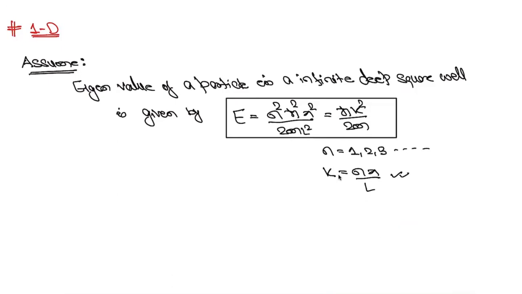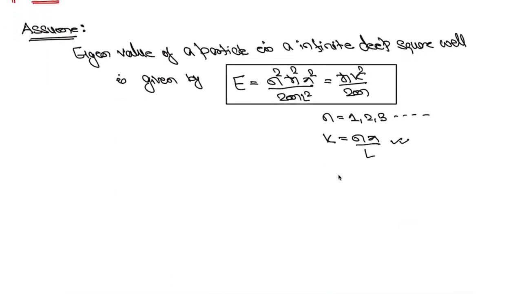Now understand one thing here. Simply focus on this thing, that we are writing E is equal to h cross square K square upon 2m, right? Is it a parabolic function?